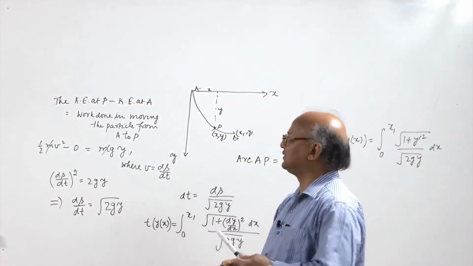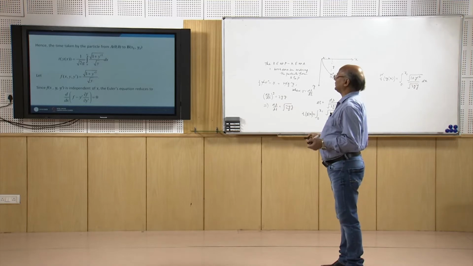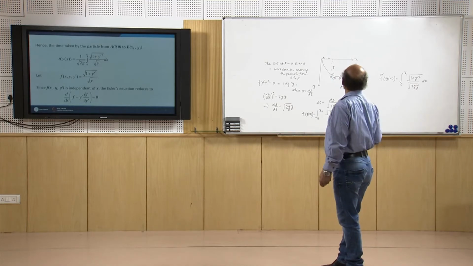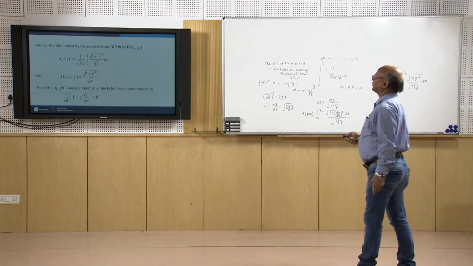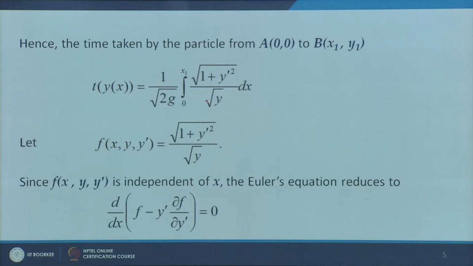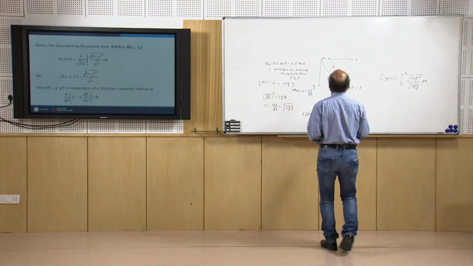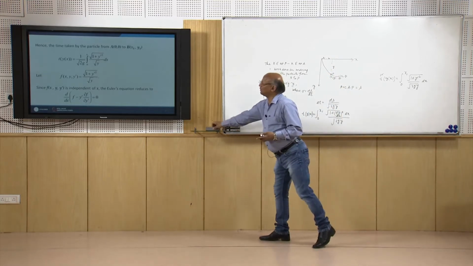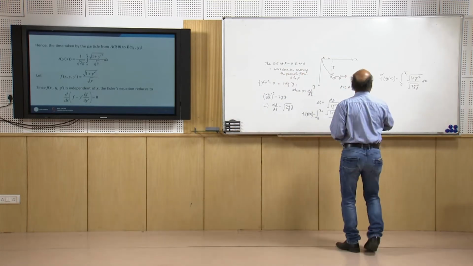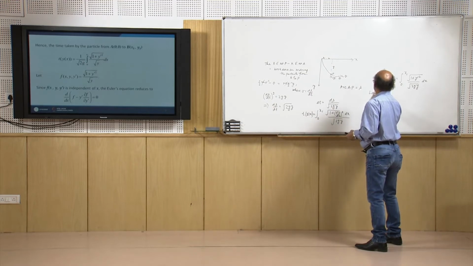So we can write t equal to 1 over root 2g, which is a constant, and we can take it outside the integral. So 1 over root 2g integral 0 to x1 under root 1 plus y' square over root y, and let us now assume that f(x, y, y') be equal to under root 1 plus y' square over root y.